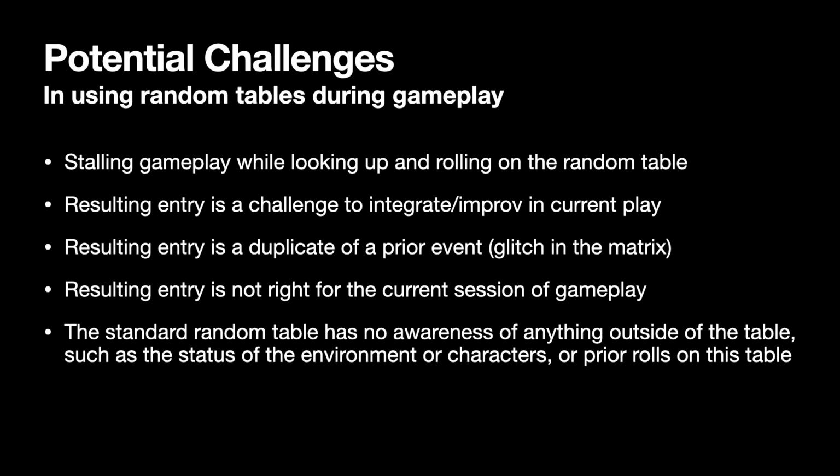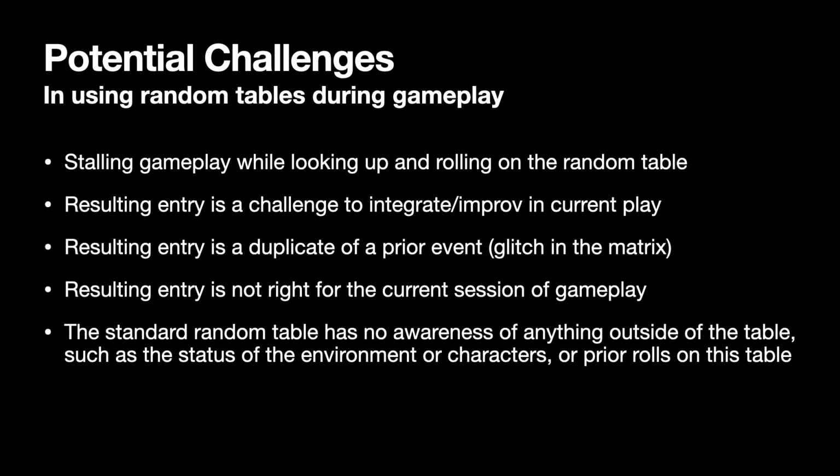All right, first item. Stalling gameplay while looking up and rolling on the random table. This is obviously not ideal. If the gameplay is being stalled and you're picking up the book and trying to find where's that table and then finding the right dice and rolling the dice and getting the entry, all of that is suboptimal.